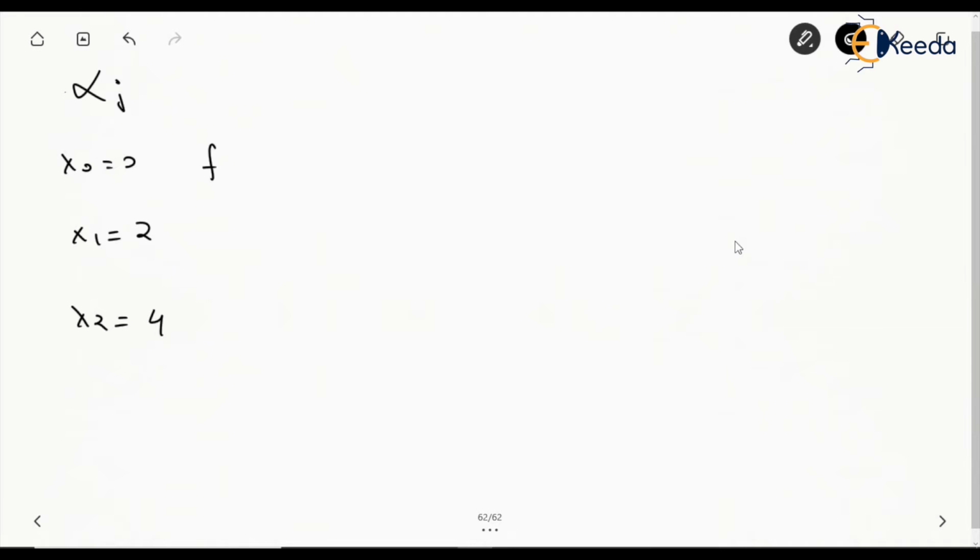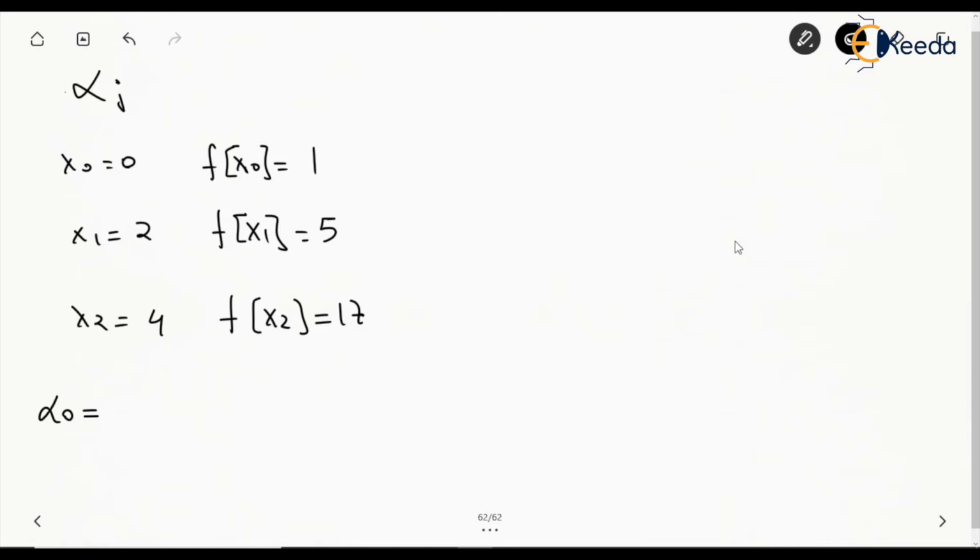Again, f of x naught is 1, f of x1 is 5, and f of x2 is 17.